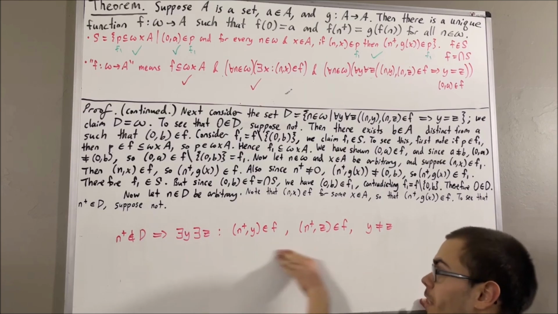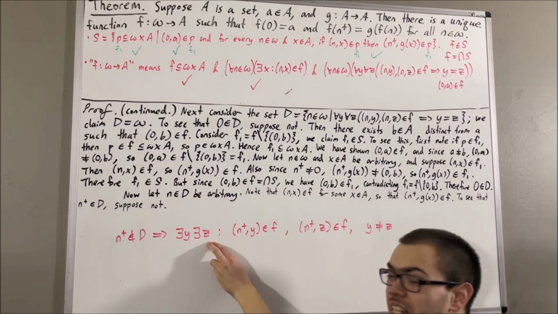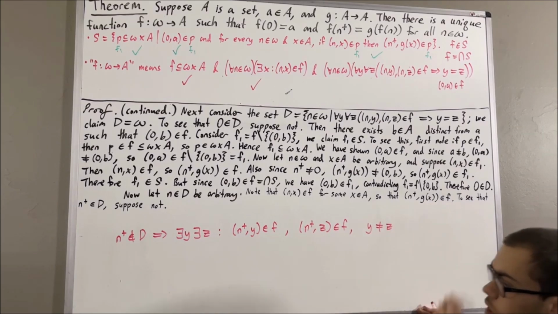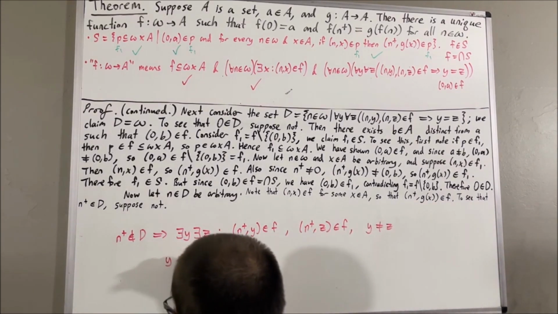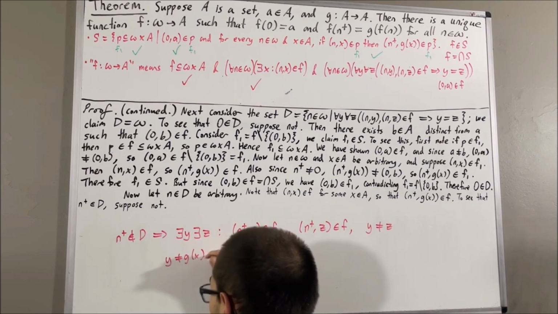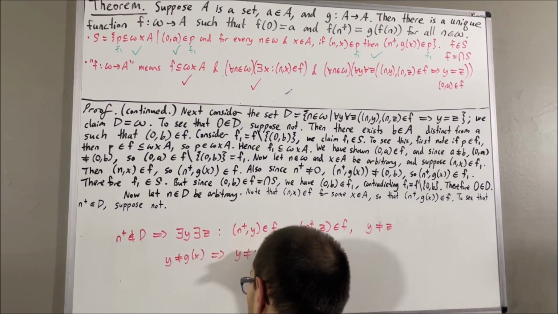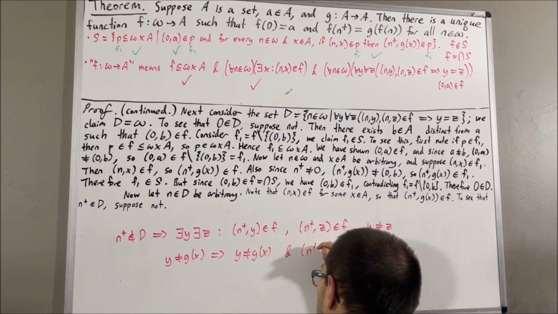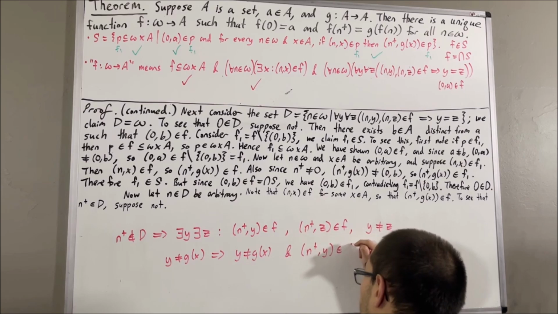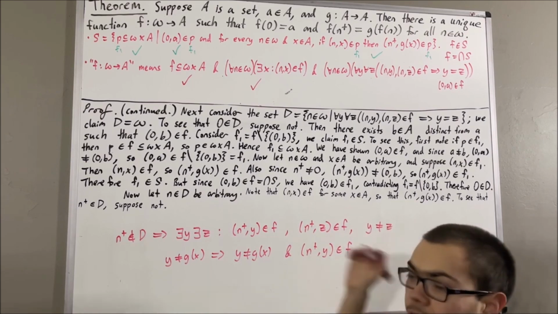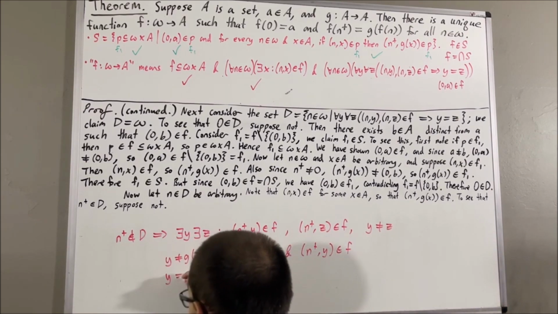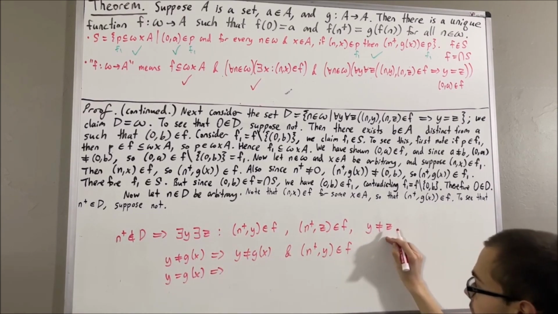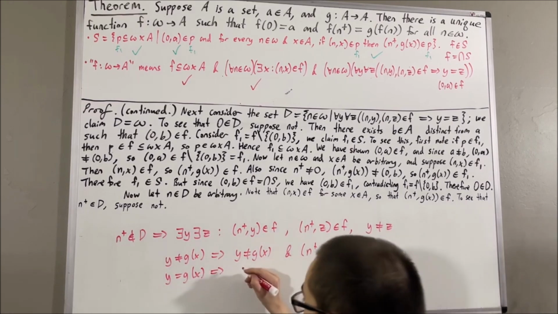Now, the thing to observe here is that at least one of these guys is distinct from g of x. Because on one hand, if y is not equal to g of x, well then, y is not equal to g of x, and we have the successor of n comma y is an element of F. On the other hand, if y is equal to g of x, well, since y and z are distinct, this implies z and g of x are distinct.